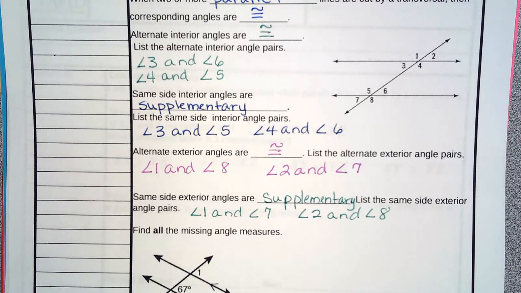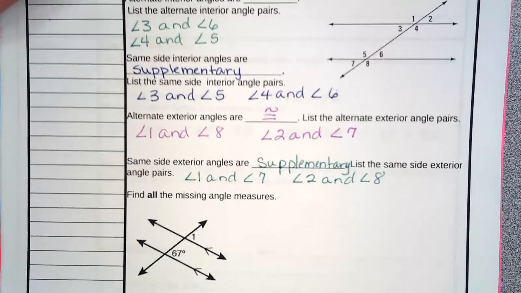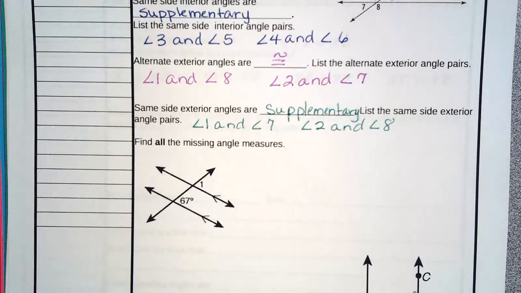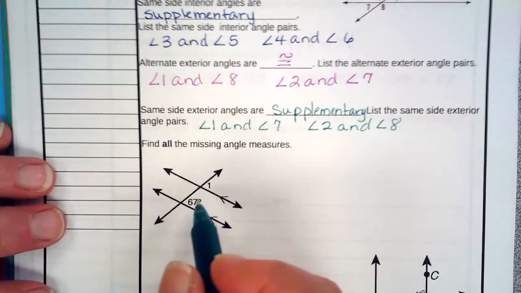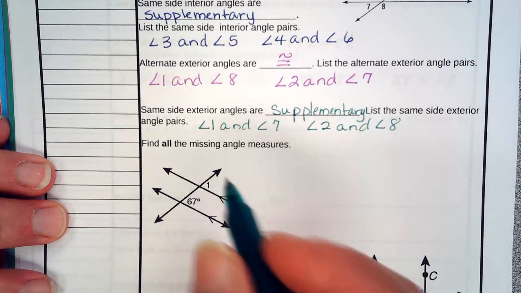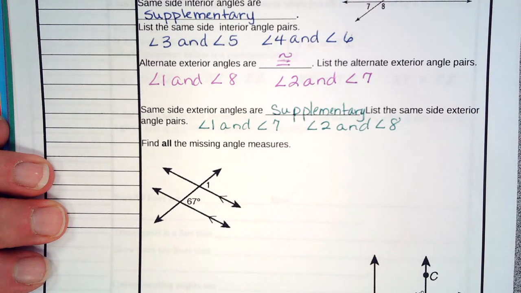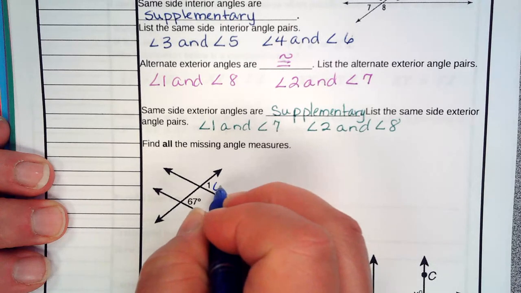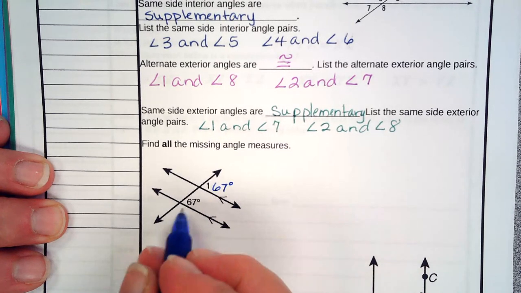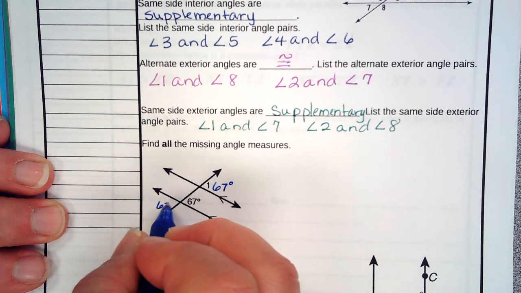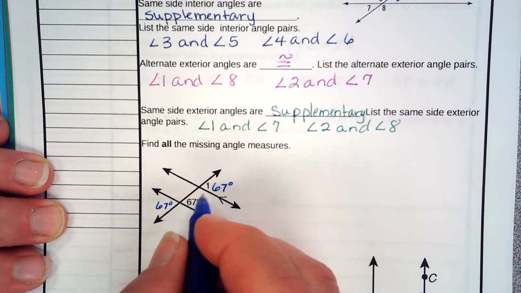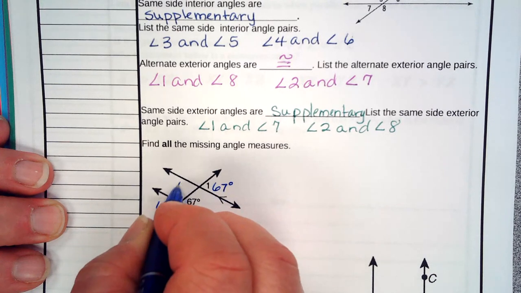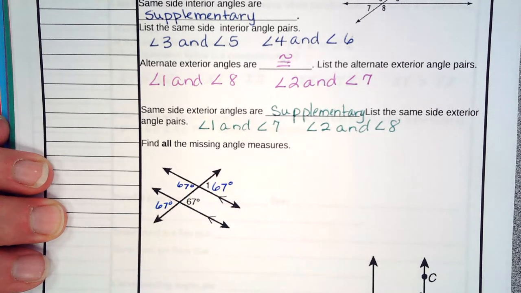Okay, any questions? Okay, so when you get ready to find all the missing angles, you can find 4 of them without any math at all. No math. If this is 67, I know one is also 67 because they are corresponding. I know that this one is also 67 because it is vertical. This one's 67, so this one will be 67 degrees also.